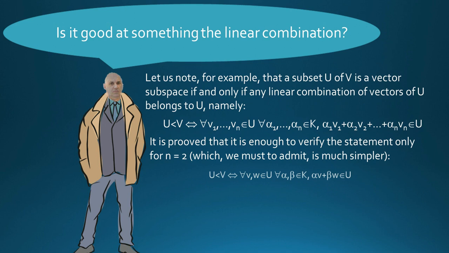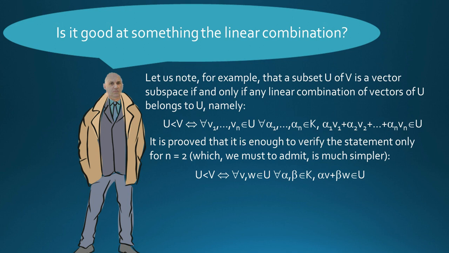Let us note, for example, that a subset U of V is a vector subspace if and only if any linear combination of vectors of U belongs to U, namely, U is a subspace of V if and only if for any V1 Vn in U and any alpha 1 alpha n in K, the linear combination alpha 1 V1 plus alpha 2 V2 plus alpha n Vn belongs to U.